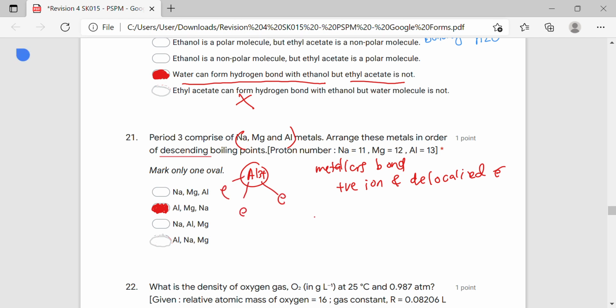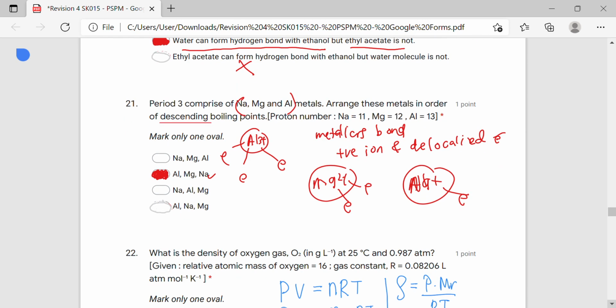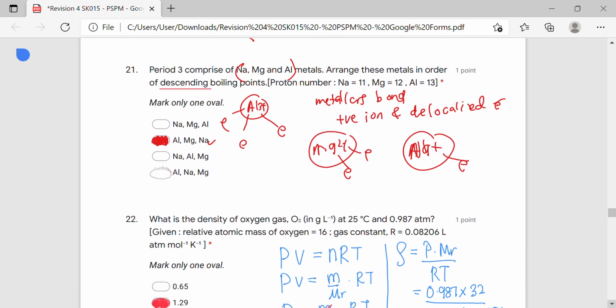Compare with magnesium 2 plus, so 2. Sodium is plus, so 1. The more bonding, the stronger the metallic bond and the higher the boiling point.